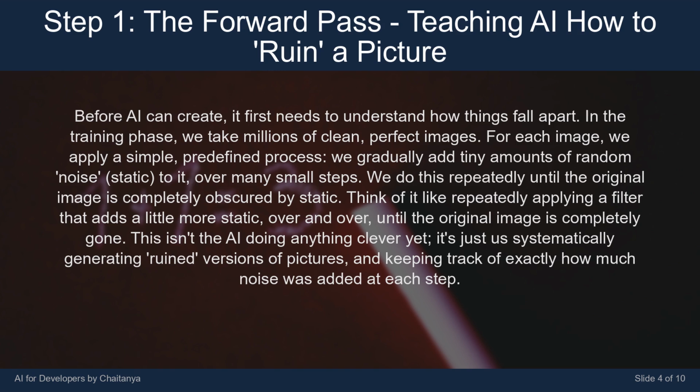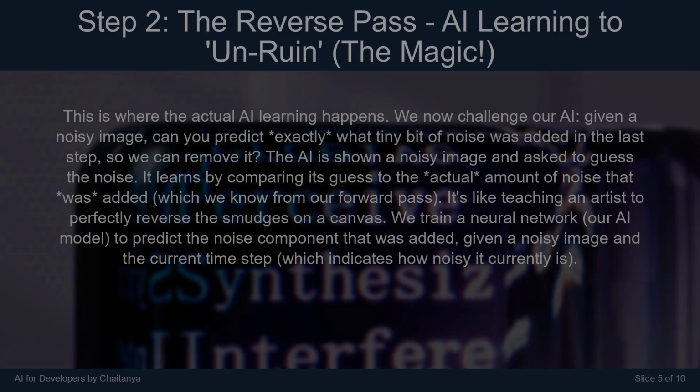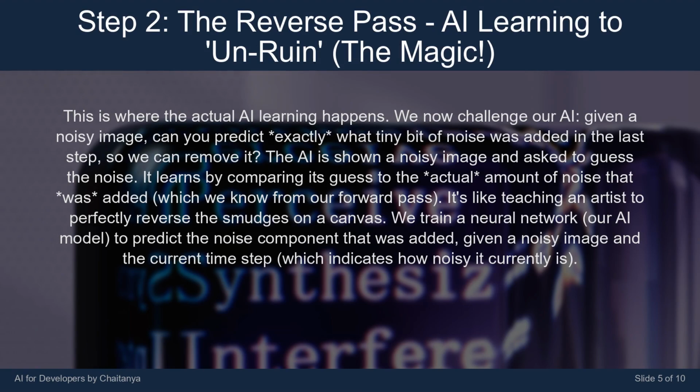Think of it like repeatedly applying a filter that adds a little more static, over and over, until the original image is completely gone. This isn't the AI doing anything clever yet. It's just us systematically generating ruined versions of pictures, and keeping track of exactly how much noise was added at each step.